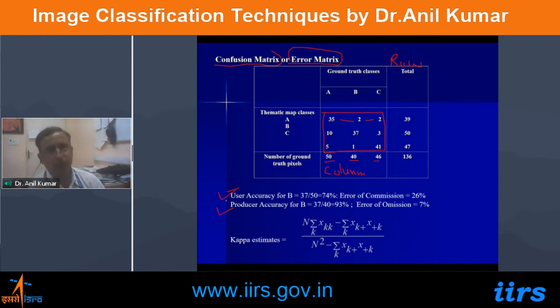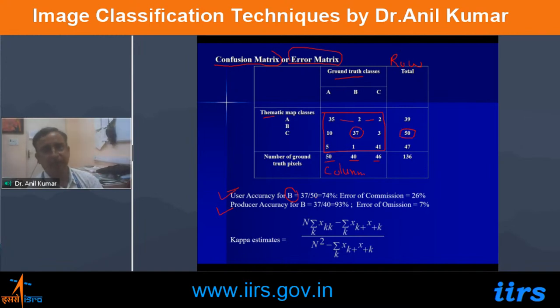So here, if you talk about user accuracy for class B, these are the samples correctly identified on the reference map, that is ground truth, as well as on the thematic map, that is the classified image. So it is 37, and total samples here on the thematic map were 50.